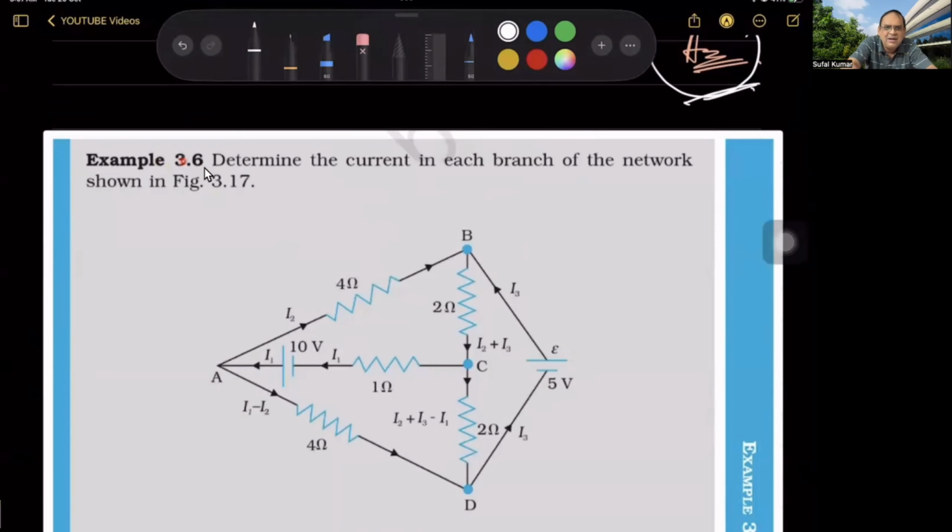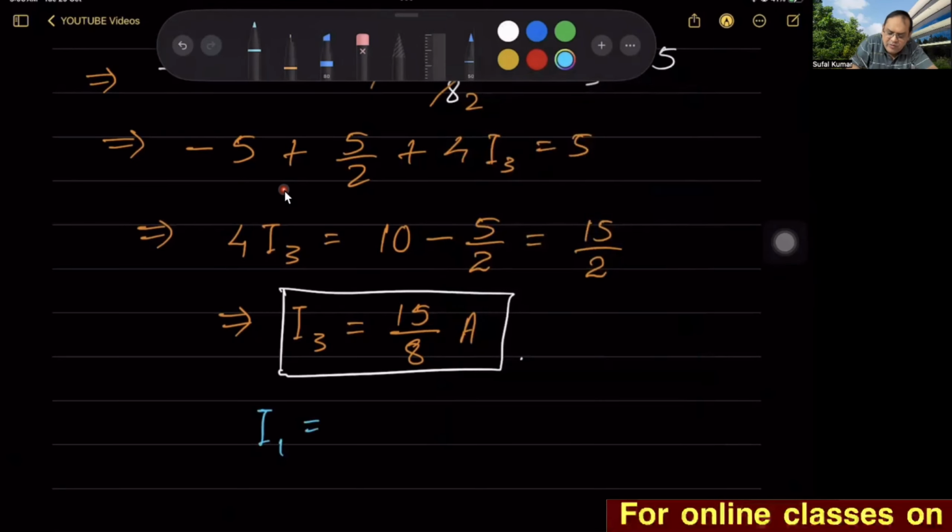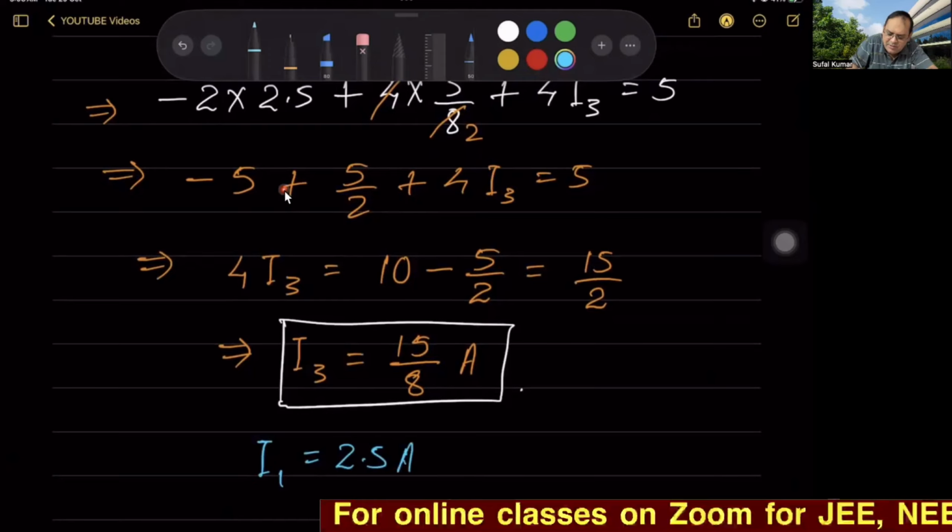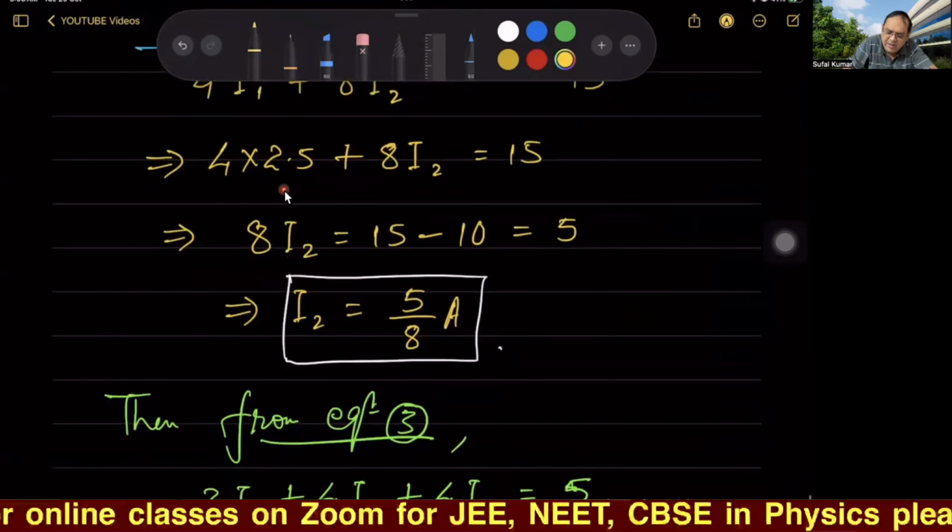The question was to determine the current in each branch of the network shown in the figure. I1 was 2.5 ampere and I2 was 5 by 8.